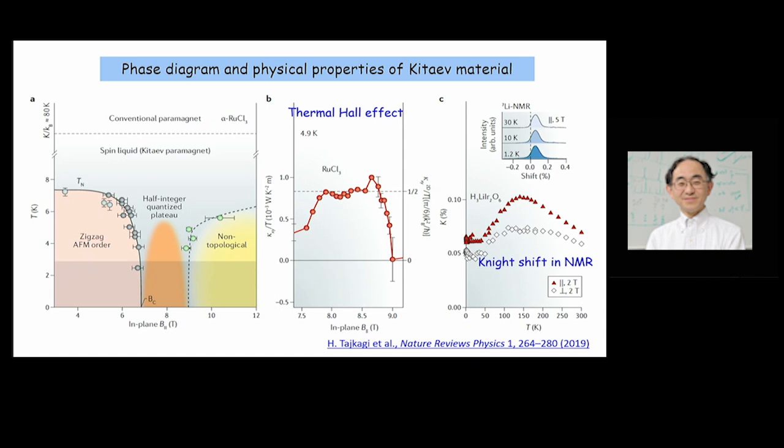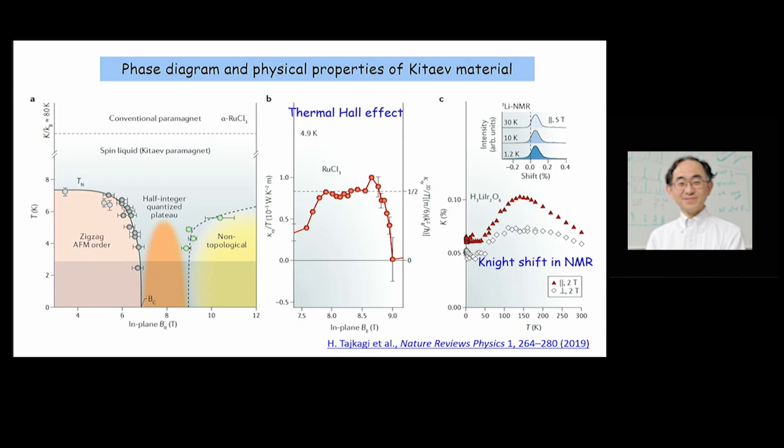Many people believe that this corresponds to the Majorana fermion gapped state, and then you have chiral Majorana channels, which leads to half of the quantum value of kappa xy. So this is an experiment for the thermal Hall effect.